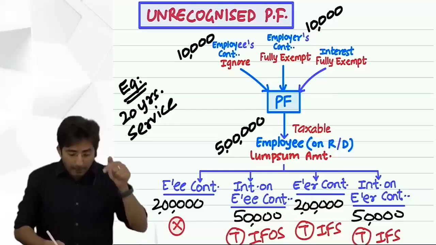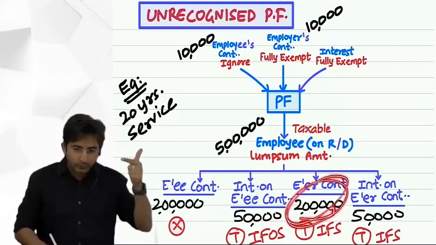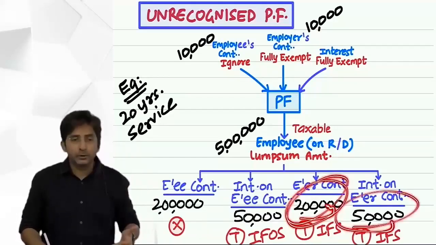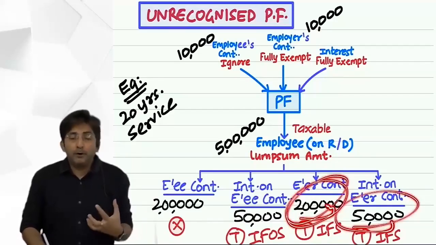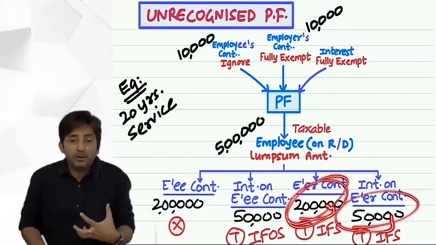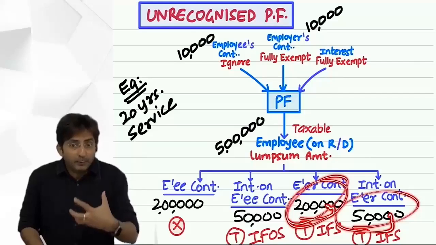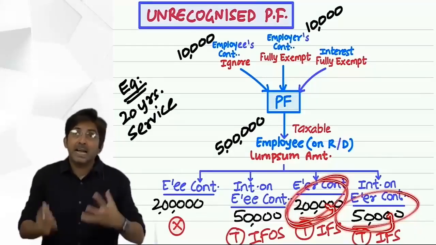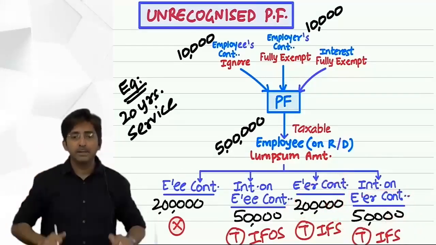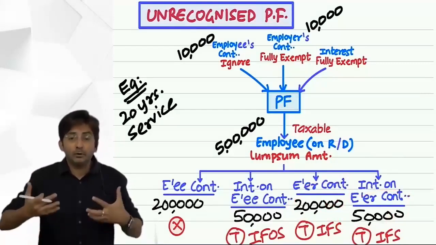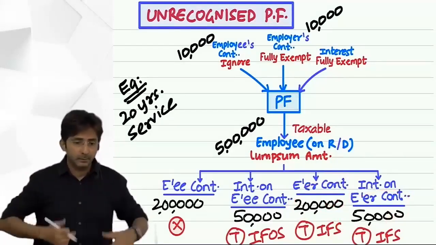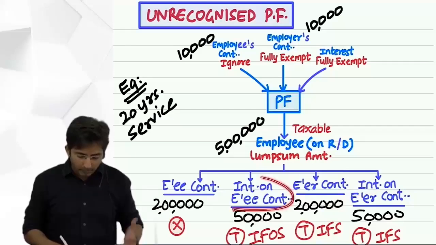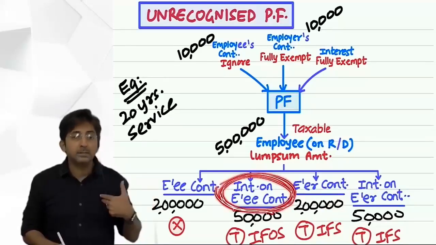So I will thank my boss for this 2 lakhs also and this 50,000 also. For the amount for which you feel thankful to the boss, it becomes your income from salary. It is thanks to your boss, that's why it is income from salary. We say it comes out of the employer-employee relation. But this has not come from my boss, this is my personal saving.